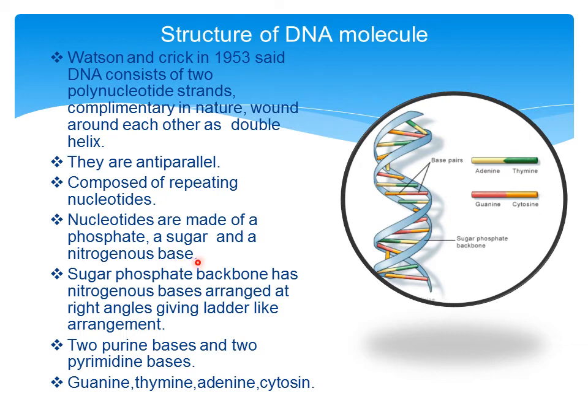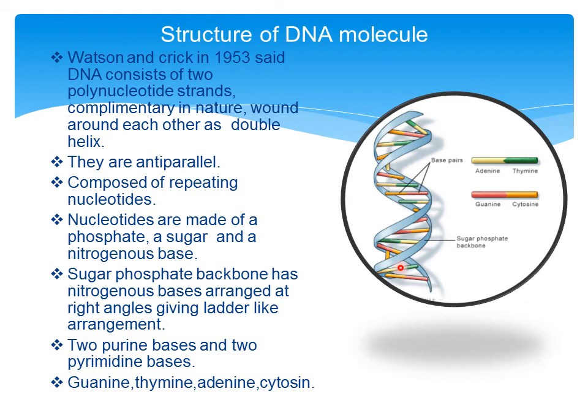So this polynucleotide strand is actually a sugar phosphate backbone, which has nitrogenous bases arranged at right angles, giving it a ladder-like arrangement. If you see it, you can feel that we can climb the ladder.